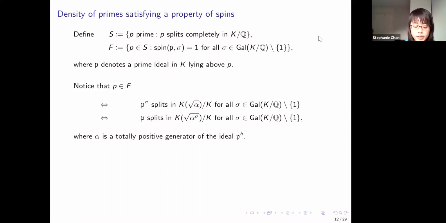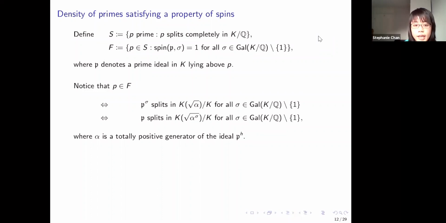But there's also the other way to state it, which is to fix a prime P and look at the splitting in the n-1 quadratic extensions, K root alpha sigma over K. So we can either look at n-1 primes in this quadratic extension, or this one prime in these n-1 quadratic extensions.